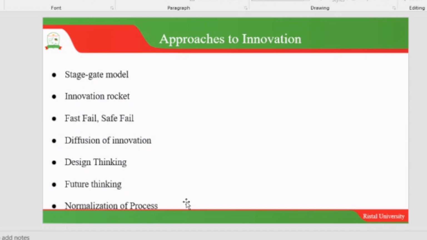Things like design thinking, you know, but now we are also going to focus on others like the stage gate model. We have innovation rocket. We have fast fail, safe fail as another approach. We have diffusion of innovation, future thinking, and then normalization of process.